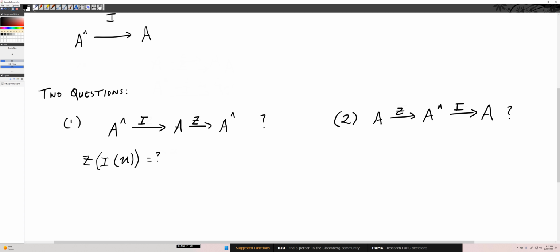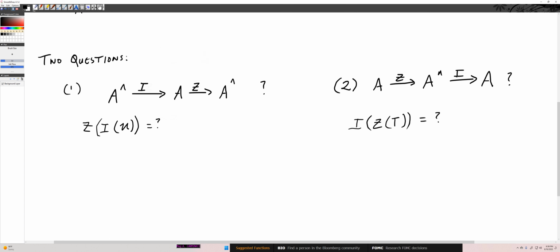And similarly, if I start with something in the ring, let's claim that it's a set, let's just be easy about it, it's T. And I hit it with Z so that I'm here in the affine space now, and then I hit that again with I. What do I get?